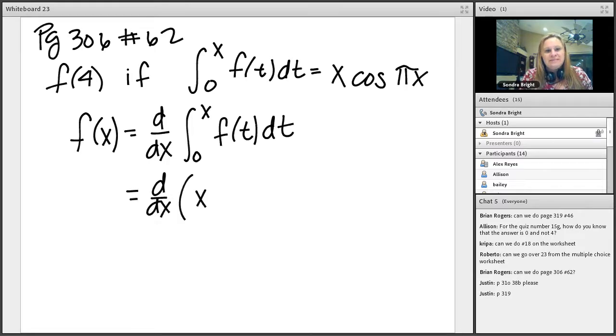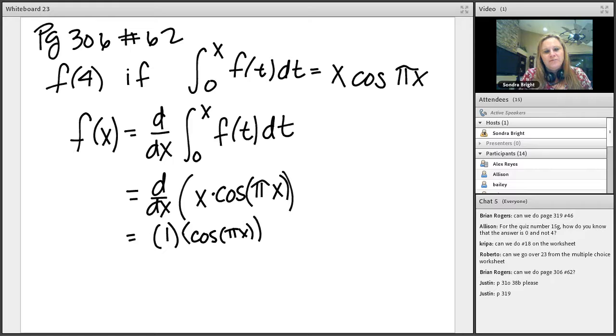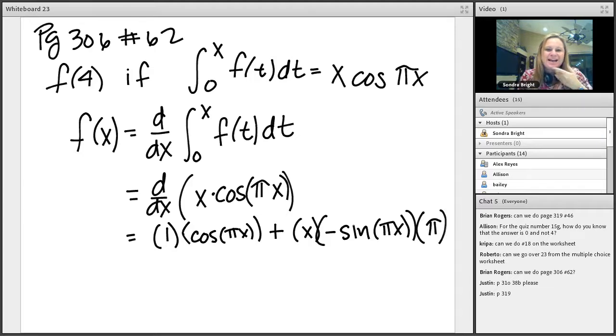So that means I need to take the derivative of x times cosine of pi x. That's product rule, right? So product rule says derivative of x is 1 times cosine of pi x, plus x times the derivative of cosine of pi x, which would be a negative sine of pi x, but then times, chain rule says go inside and multiply times the derivative of pi x, which would be pi.